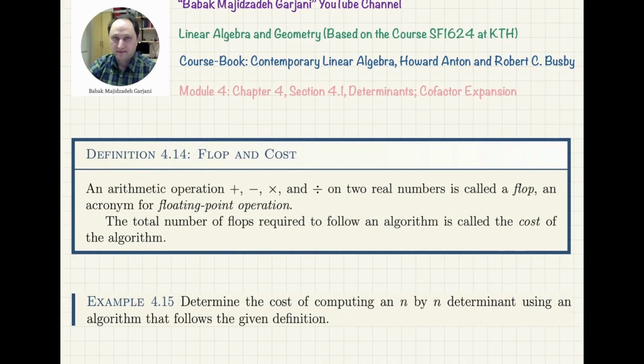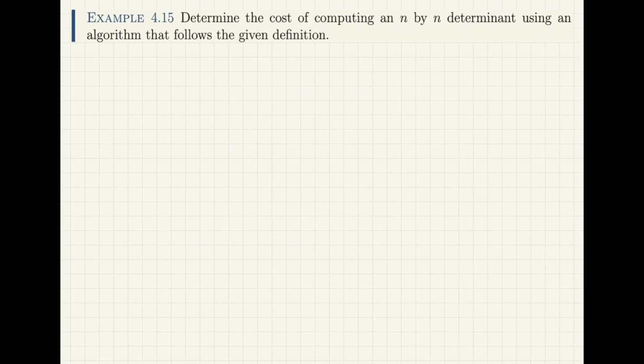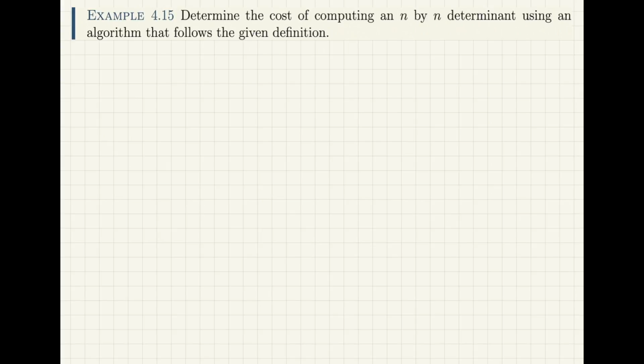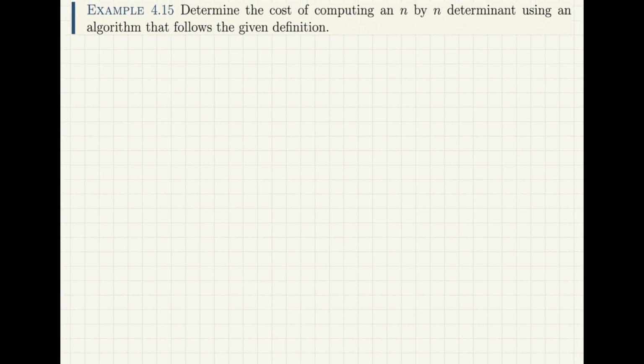Okay, so here I have asked in this example, determine the cost of computing an n by n determinant using an algorithm that follows from the given definition. So we want to see how costly is that from computational point of view if I want to calculate a determinant using this definition that we motivated here.